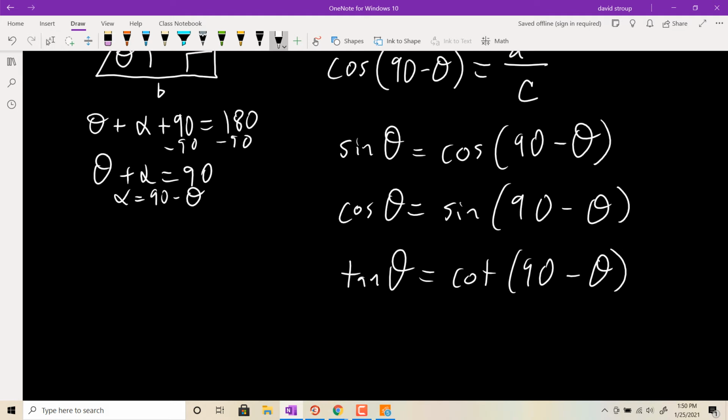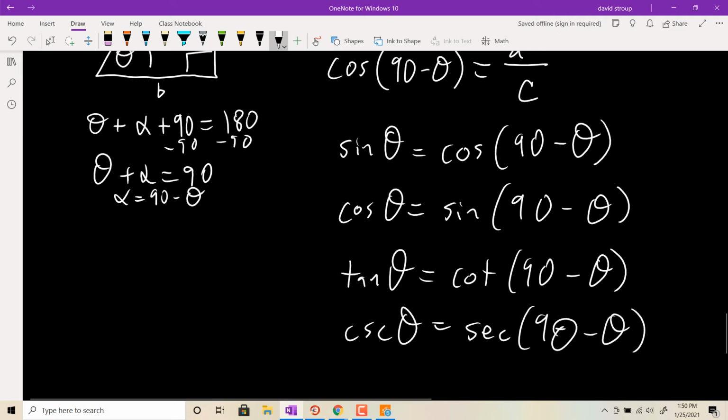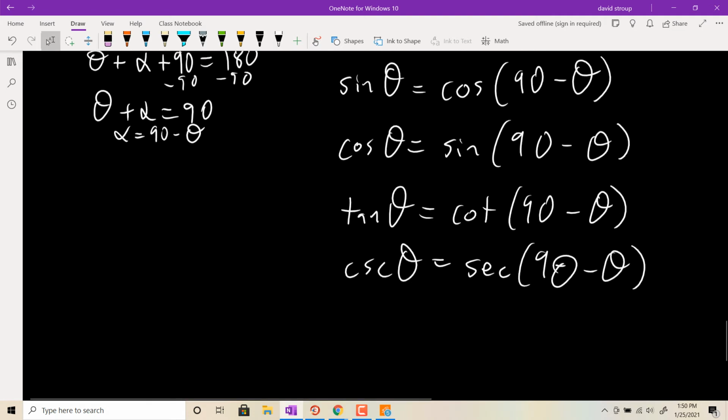Okay. So what are the other ones? Cosecant theta is equal to secant of 90 minus theta. And of course, then cosecant of 90 minus theta is equal to secant of theta. Cotan of theta is equal to tan of 90 minus theta.